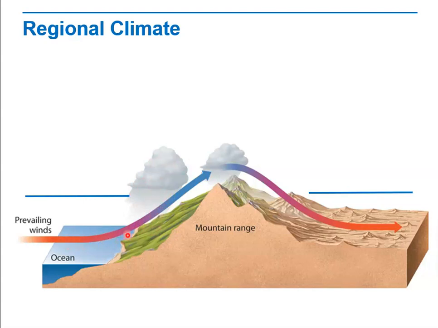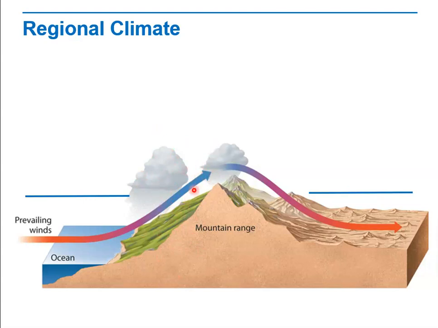That moisture in the air condenses into clouds. The air cools, and so you have cool air with a lot of clouds, so you get a lot of precipitation. You get a lot of rain and snow on the west side of these mountains.